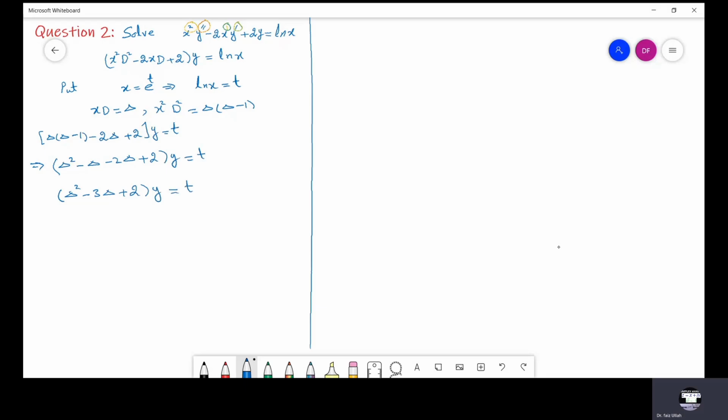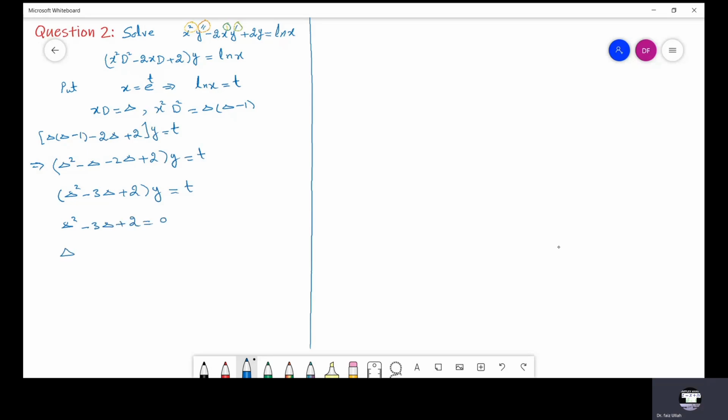And we can see that this is an ordinary differential equation with constant coefficient. So we can solve this by the UC method. Let us find its auxiliary equation, which is delta square minus 3 delta plus 2 is equal to 0.